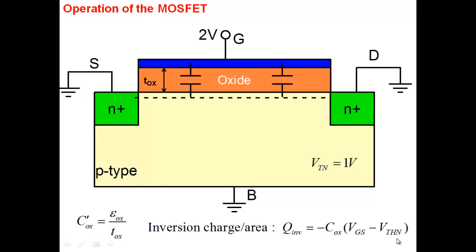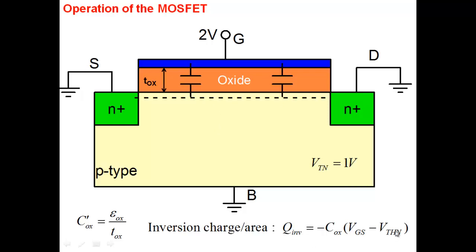But in this case the gate voltage has to exceed the threshold voltage to create significant inversion charge. When you have VGS equal to VTH, there is an inversion charge in my channel, but it's very small. So this is an approximate expression for how much inversion charge I have in the channel. Q inversion is minus Cox times VGS minus VTH.